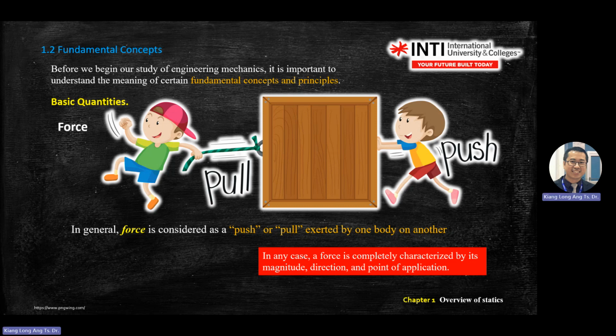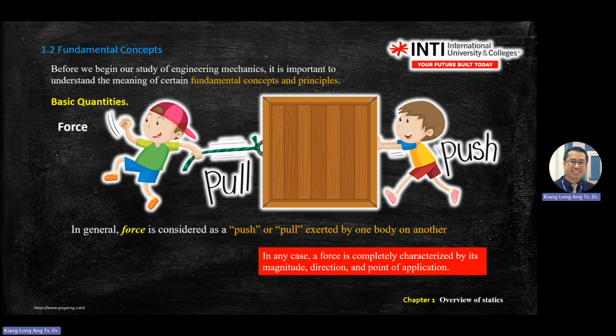For example, length is 2 meters, so it's a scalar unit. However, force is not a scalar anymore, it's a vector. A vector has two things, magnitude and direction. So this one only has magnitude.